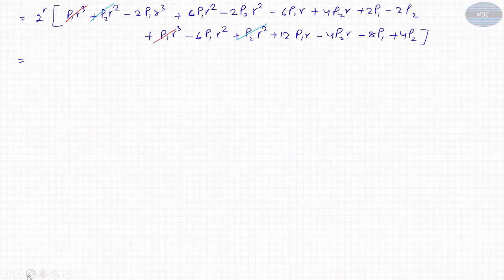So this p1 r cube is plus p1 r cube and this is minus 2 p1 r cube, that is cancelled out.